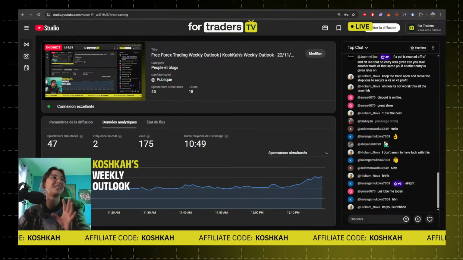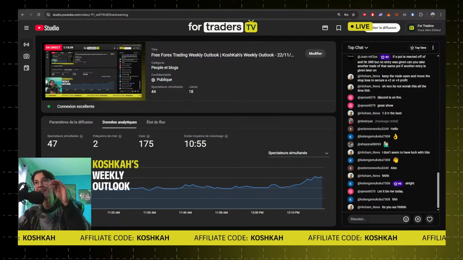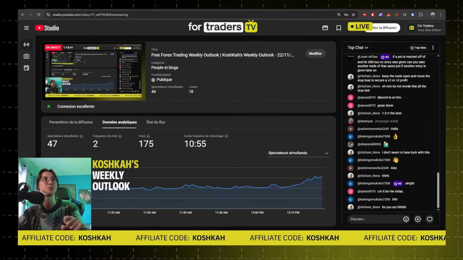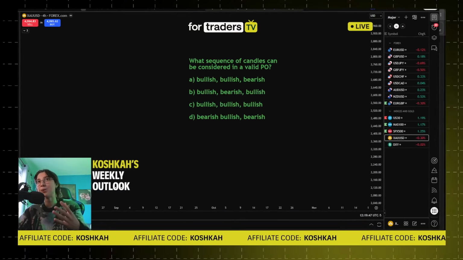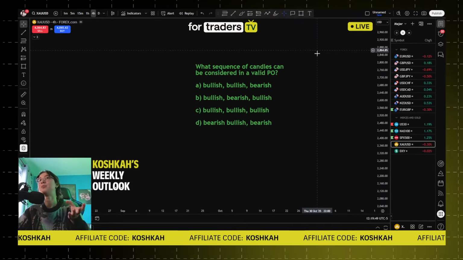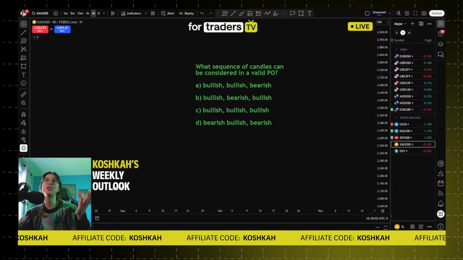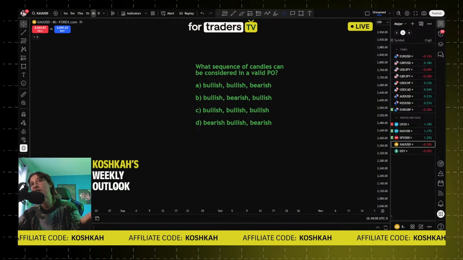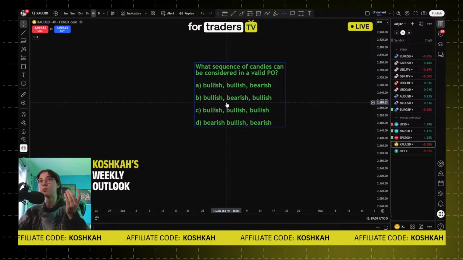Really easy question, okay? So guys, just look at it right. If you don't look at it right, you might get confused, but analyze the question. So the question is, what sequence of candles can be considered a valid POI? So we know it can be up to 3 candles. Is it bullish, bearish, bullish?